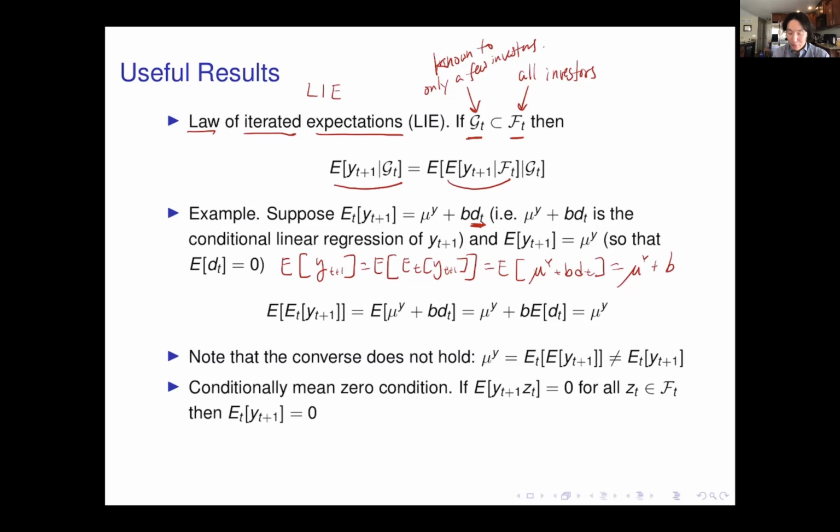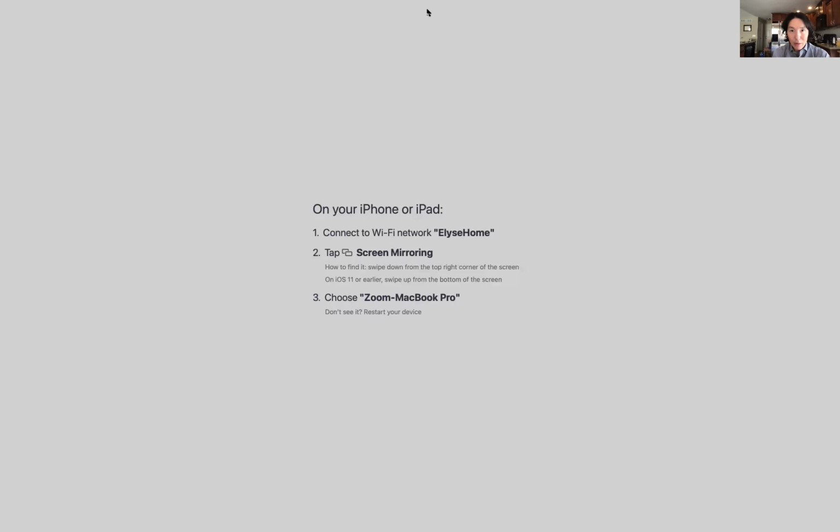That is not true, okay? This is because this thing here is simply a constant, whereas on the right hand side this is a time t random variable.